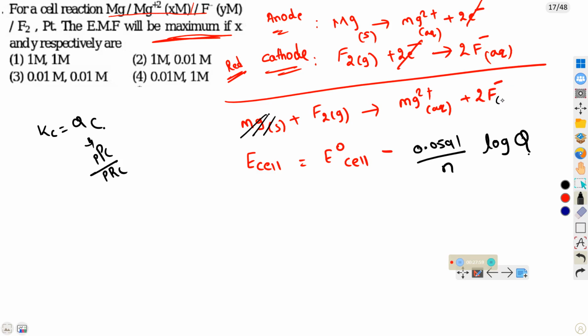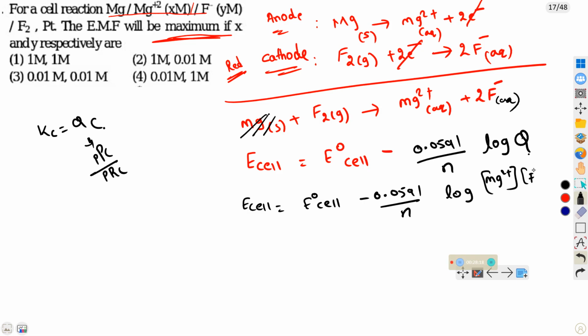The remaining are in aqueous and gaseous form. So E cell is equal to E naught cell minus 0.0591 by n log of Mg2+ concentration into F- concentration by F2 concentration.